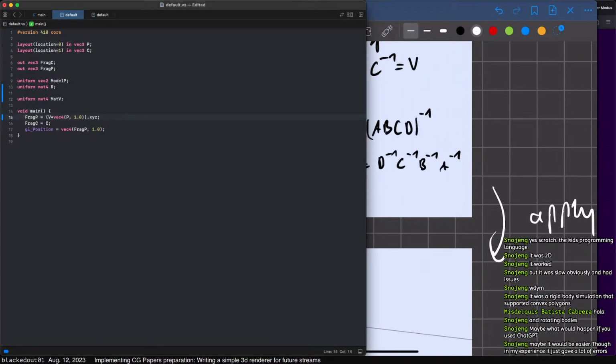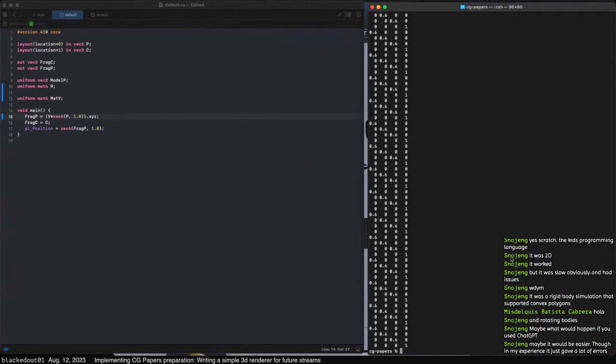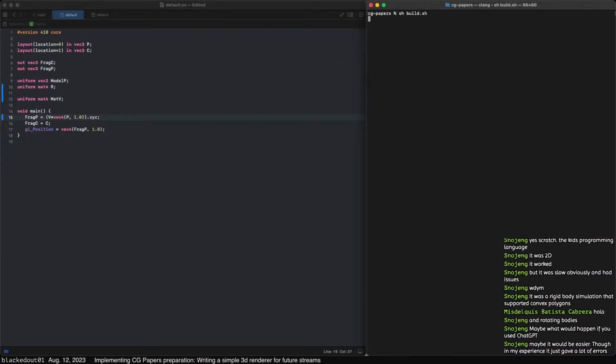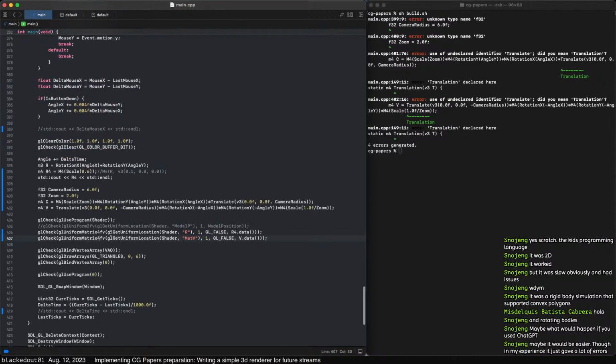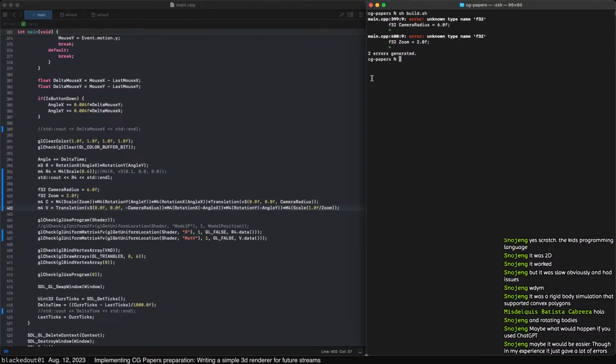So instead of this R here, for example, we use V. And yeah, so that's the first step. Unfortunately, like I said, I can't show you this because I don't think we will see anything. And I made some errors.